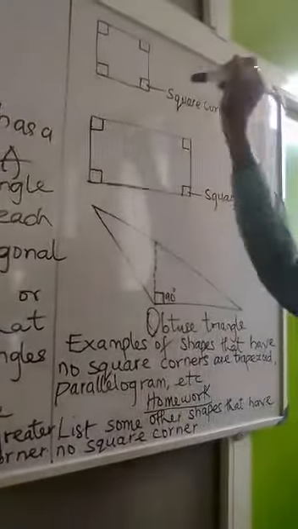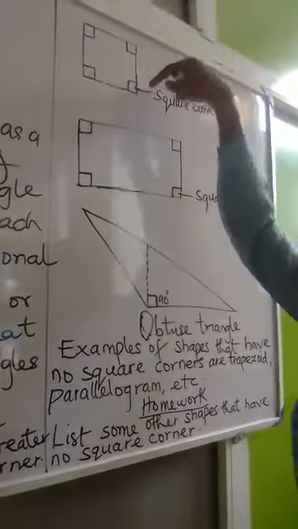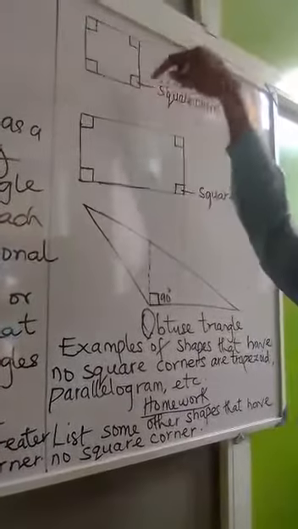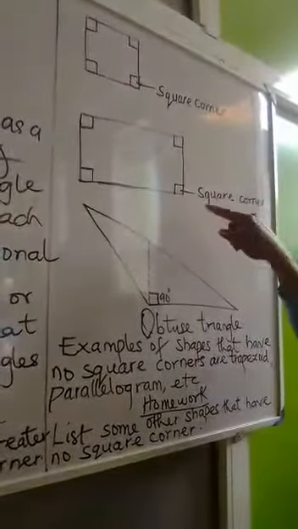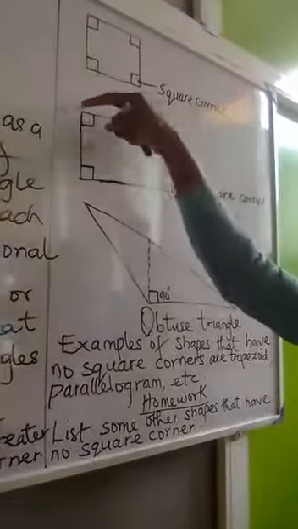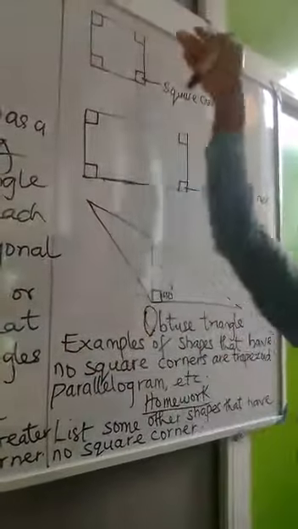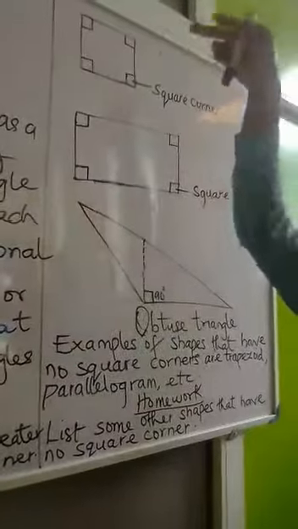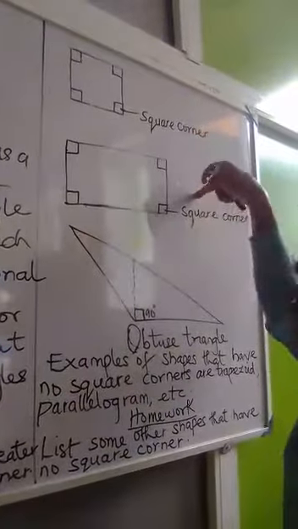Okay, this is what is called a square corner. These corners, they are called what? Square corners. When you come down to rectangle, you have four square corners, just like what we have here. A perfect square and a perfect rectangle. This is a perfect square, while this is a perfect rectangle.